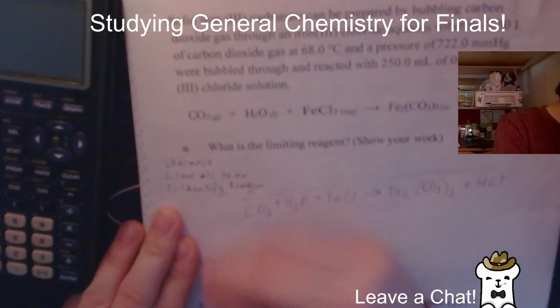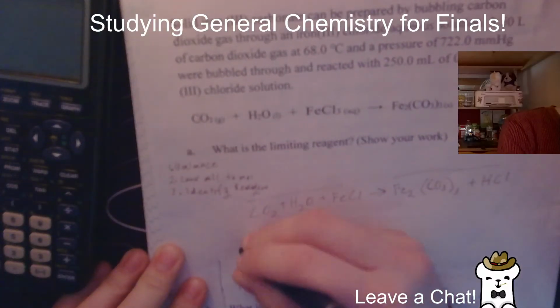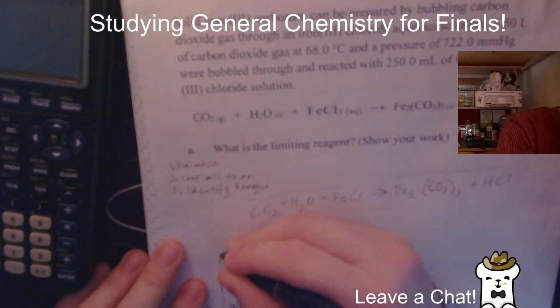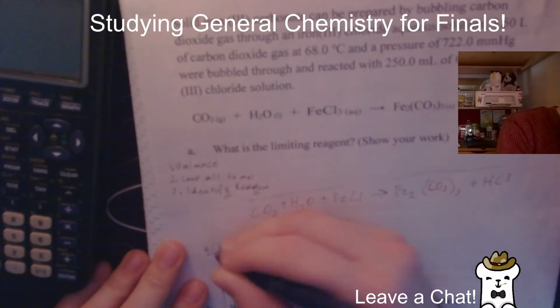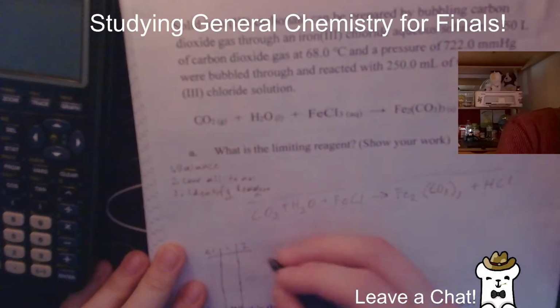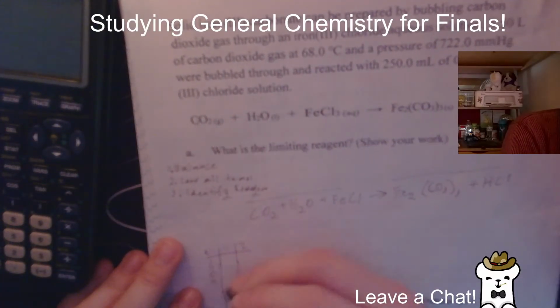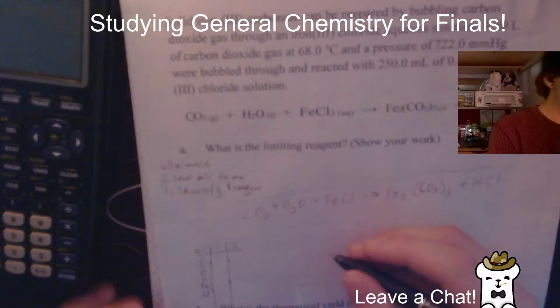I'm going to take this up just a little bit, just so we have enough space. Let's go up to like here. So we have carbon, oxygen, hydrogen, iron, and then chlorine.